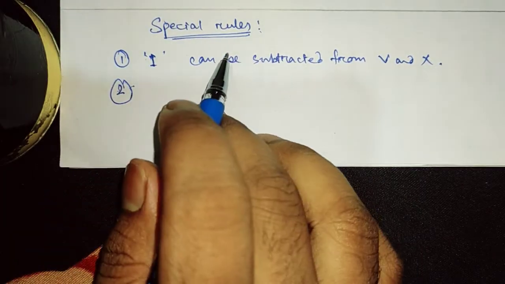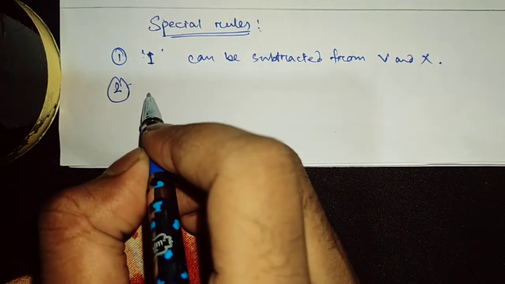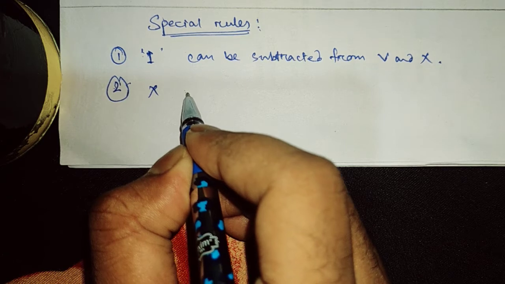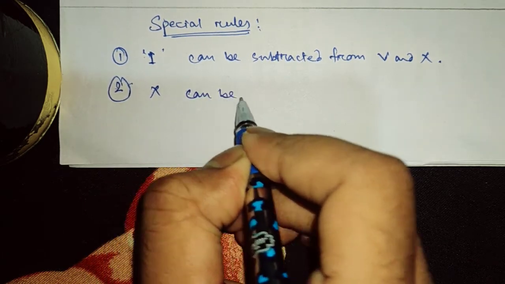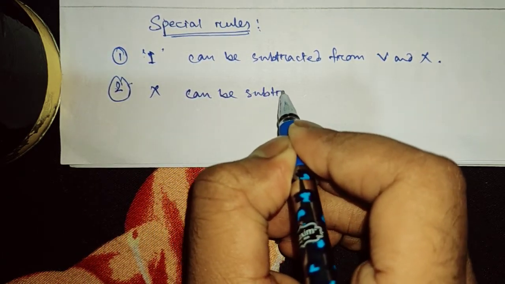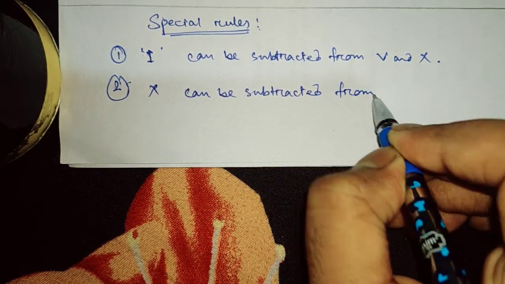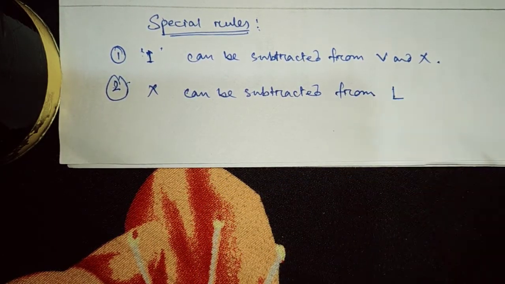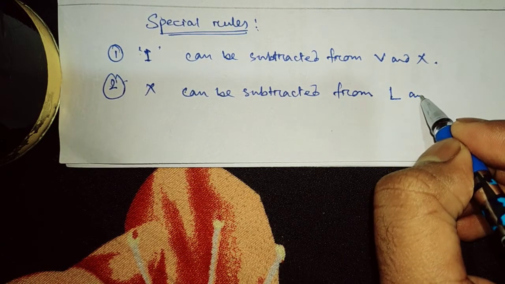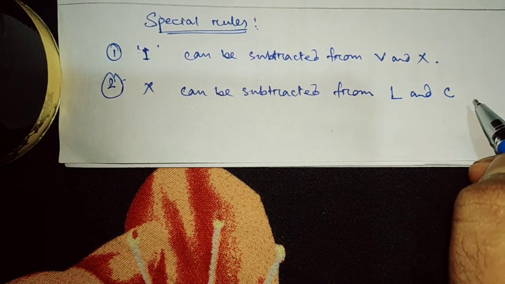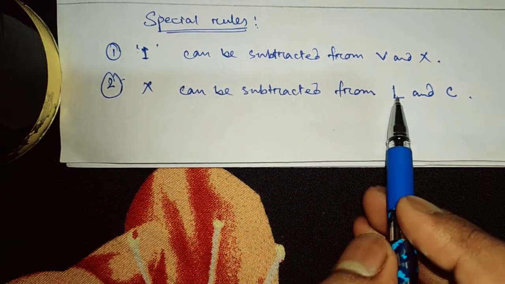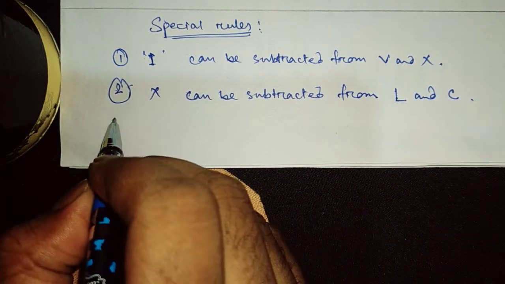Rule number 2: 10 can be subtracted from 50 and 100. L means 50 and C means 100. 10 can be subtracted from 50 and 100.